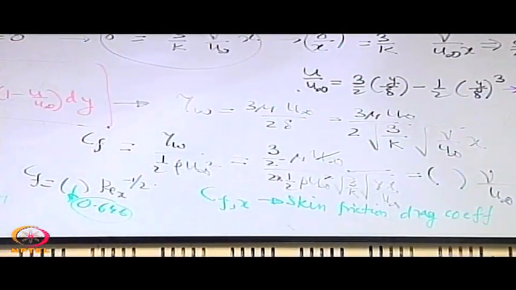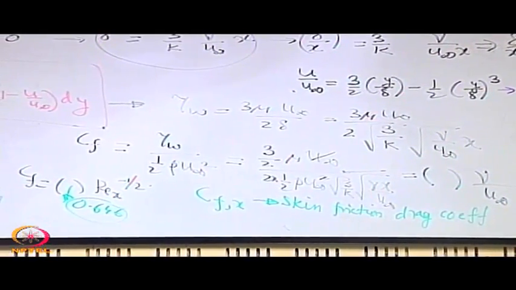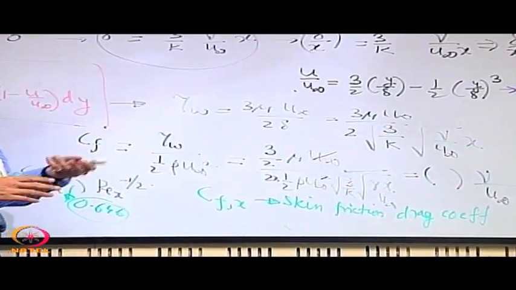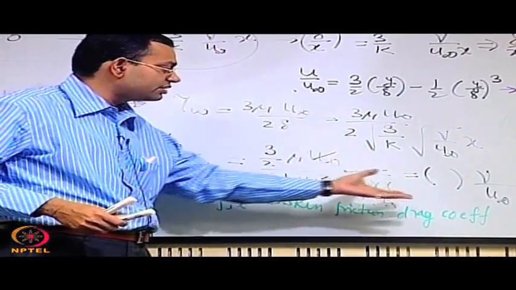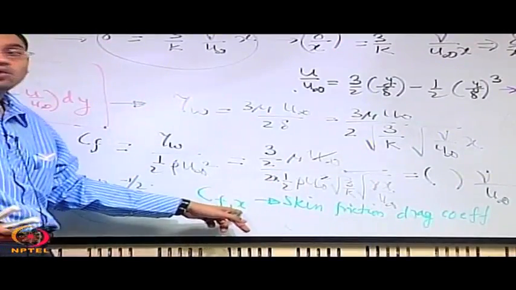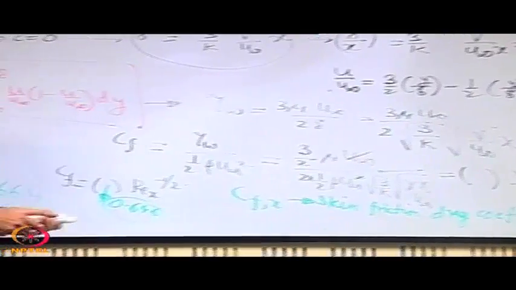Because we will later on see that there may be other mechanisms of having a drag force on a body. So here this drag force originates out of the frictional action or the viscous action. So this is given the name skin friction drag coefficient. The subscript x indicates that it is a local friction coefficient, that means as you change x, this will vary.